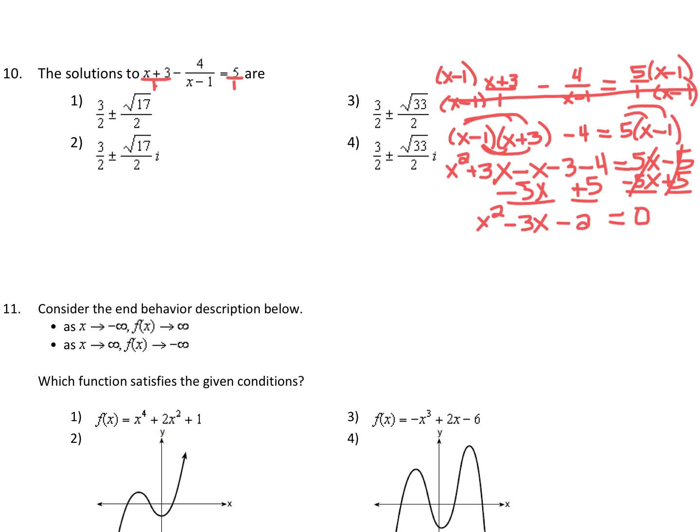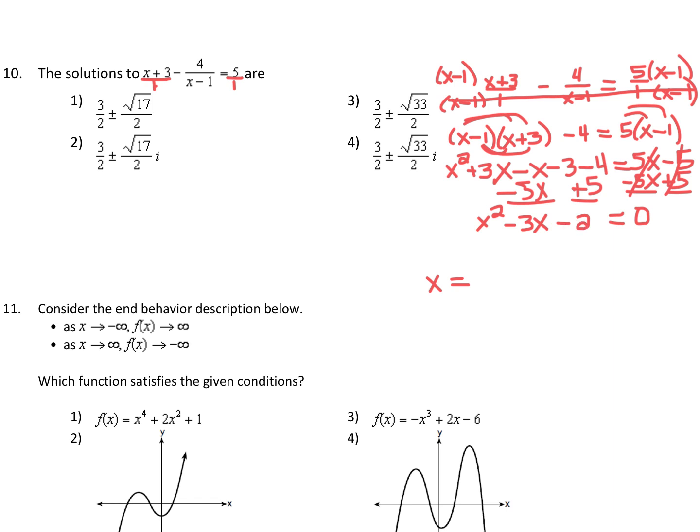Now, first of all, I could tell right off the bat I'm not going to be able to factor this just based on my answer choices. We wouldn't have radicals in our answer choices if we could factor. So I'm just going to jump right into using the quadratic formula. So we'll write x equals, and just a reminder, my a is 1, my b is negative 3, and my c is negative 2.